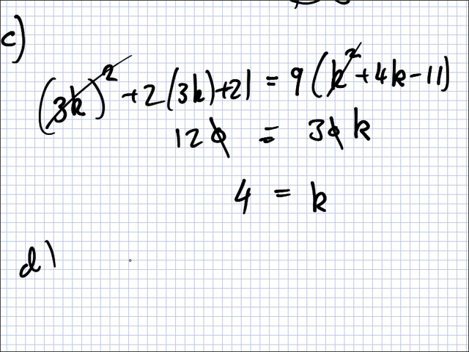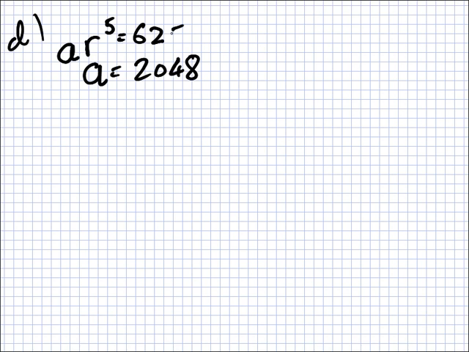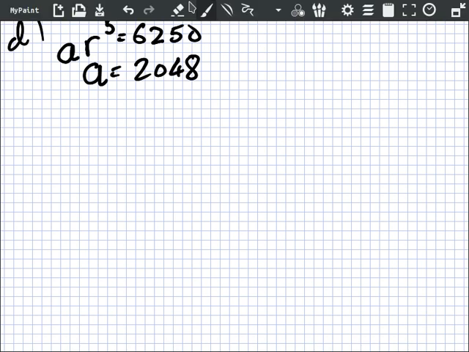Okay, D. Can I scroll down? Yes. Right. A geometric series has a first term of 2048 and the sixth term, which is AR5, of 6250.